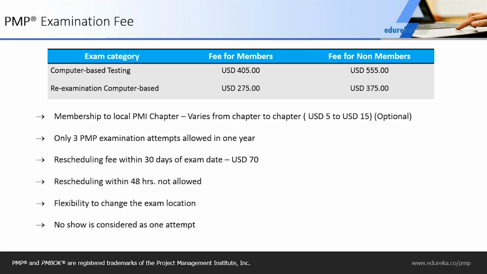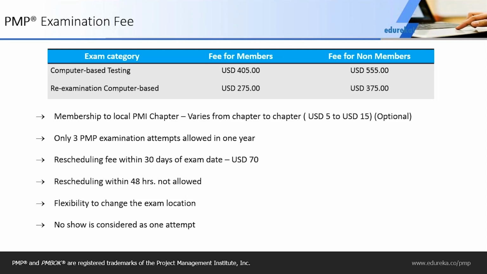Okay, so suppose a person had taken the PMI membership and then applied for the examination. Unfortunately, that person failed to clear it in the first attempt. Then the re-examination fee for that person will be $275, and for non-members it will be $375.